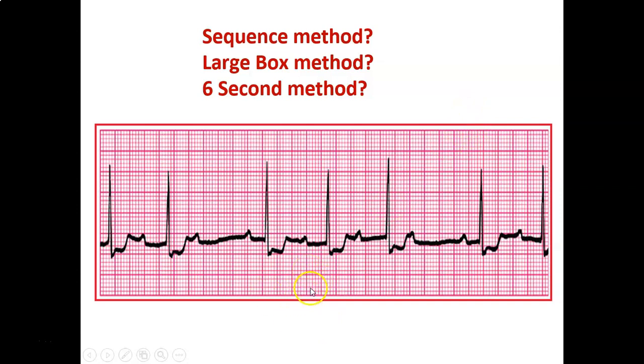If you just take the 3 second strip, then 1, 2, and 3 RR intervals. So 3 times 20 is again the 60 heart rate. But if you have a 6 second strip, better apply the full 6 seconds.